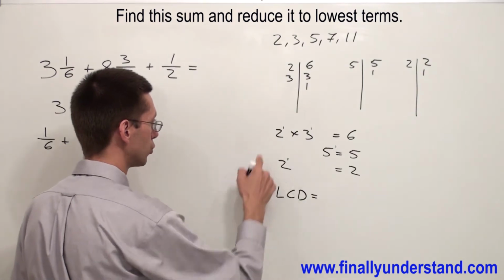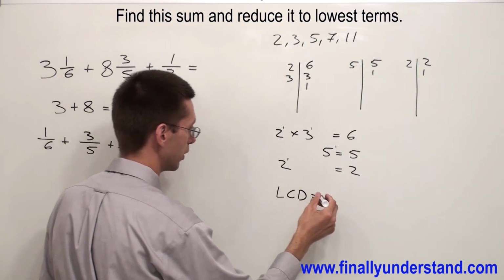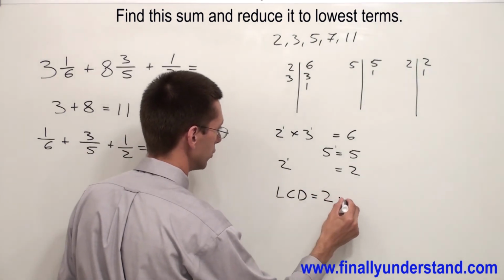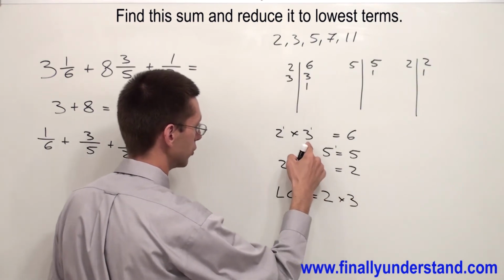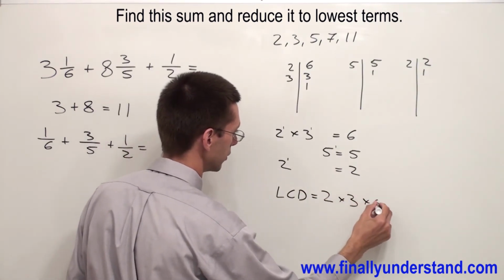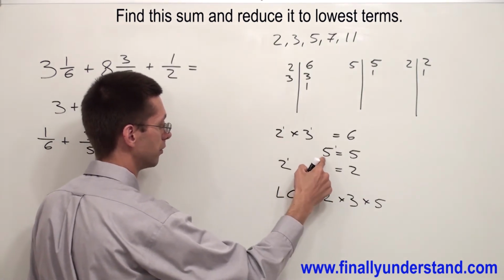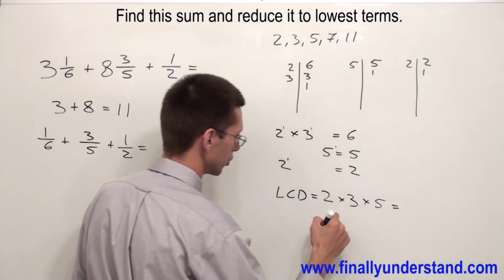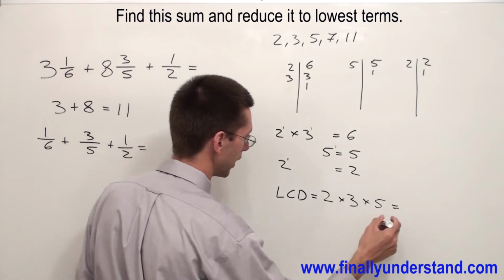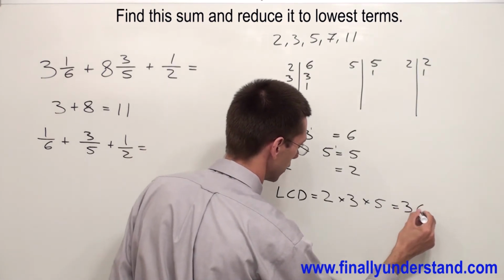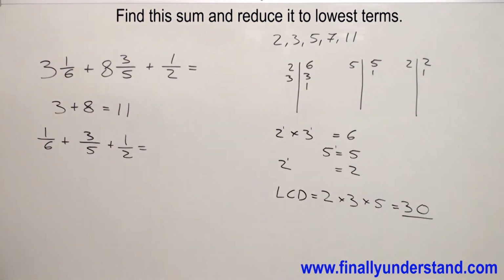Because these two have the same powers, I have to take one of them. 2 times 3, because this is another different number, and times 5, because I have 3 different numbers, 2, 3, 5. So 2 times 3 is 6, times 5 is equal 30. This is my lowest common denominator.